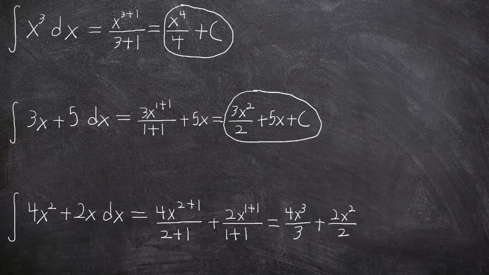However, we can simplify the second term as we do have 2's in both the numerator and the denominator, and these two would just simply cancel out, and we would get 4x cubed over 3 plus x squared plus c. And this will be our final answer.